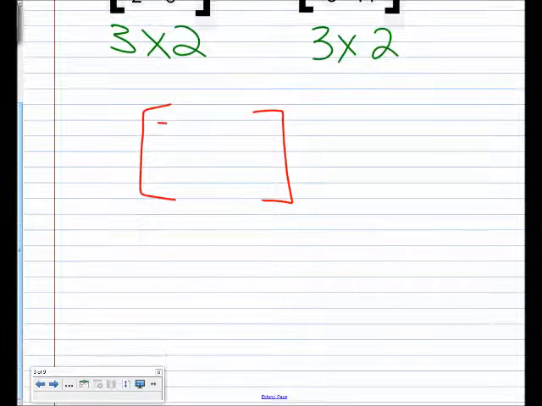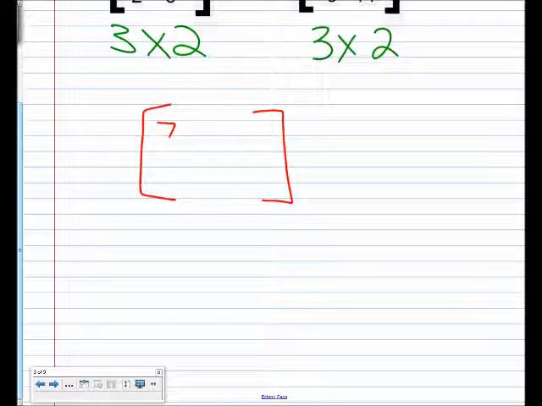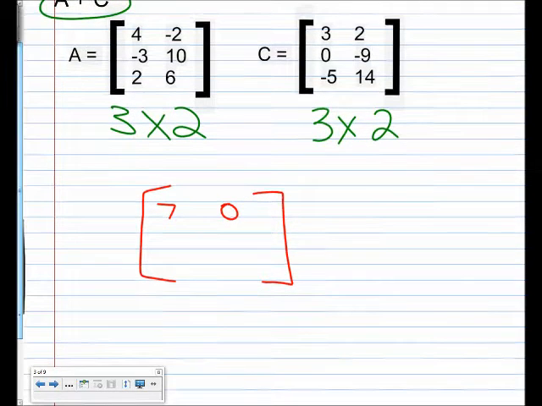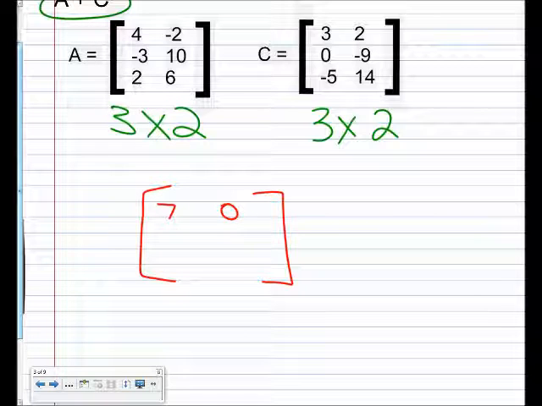There's your first piece of that matrix. All right? Let's try the next one. Negative 2. Still in the first row, but this time which column is it? Second column. So negative 2 plus 2 makes 0. We're just adding the pieces that are in the same location.